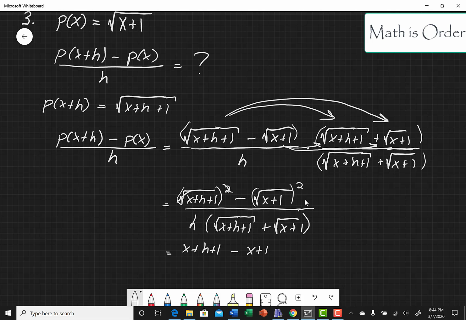Now this negative is distributing throughout that second parentheses.